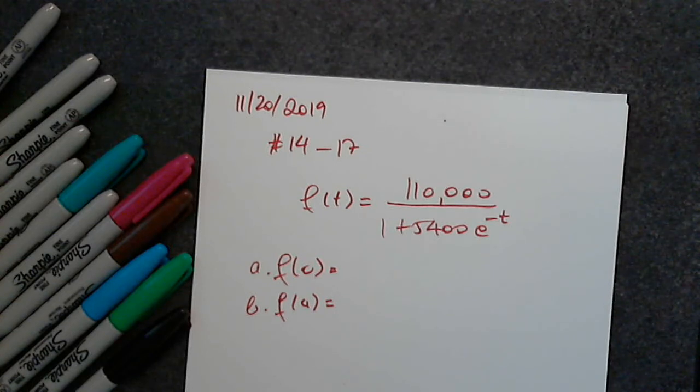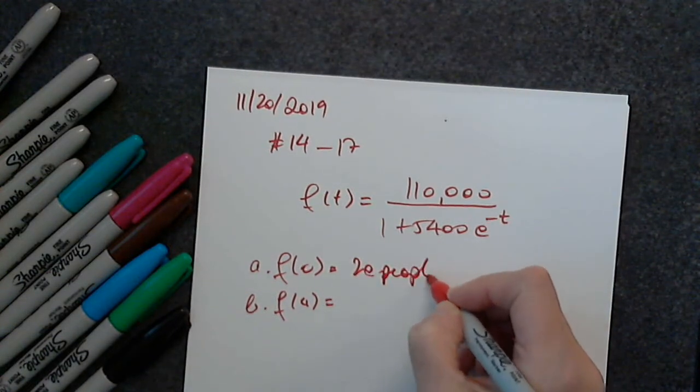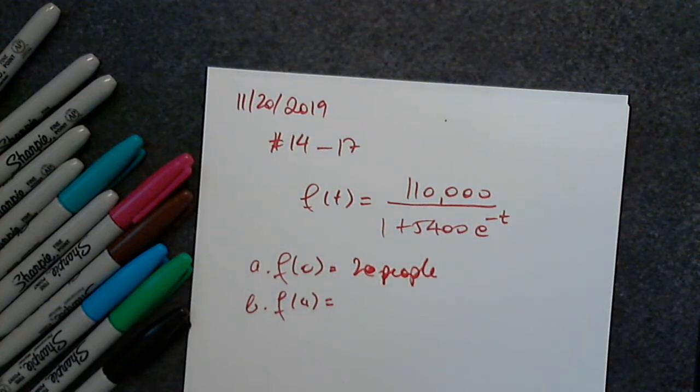So don't forget the minus has to be this symbol. Okay. So second and table. And we will punch in 0. And then 4. So how many people were ill initially? 20. Very good. And after the 4th week, how many?